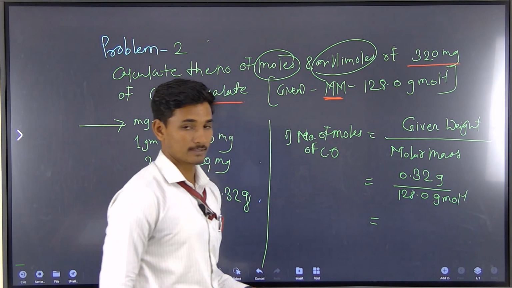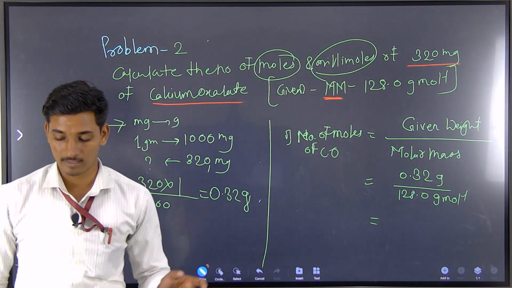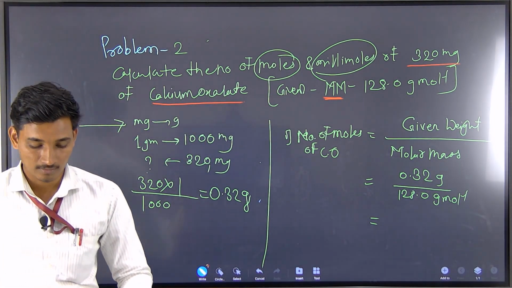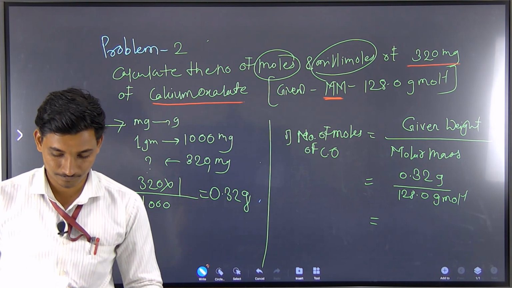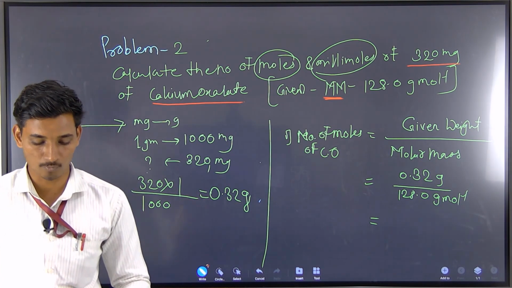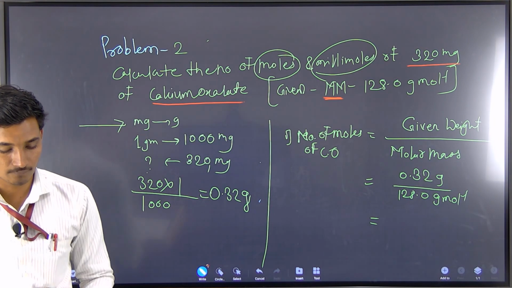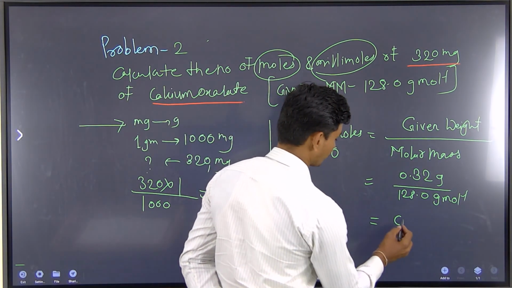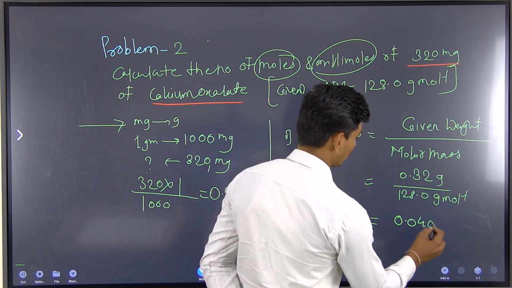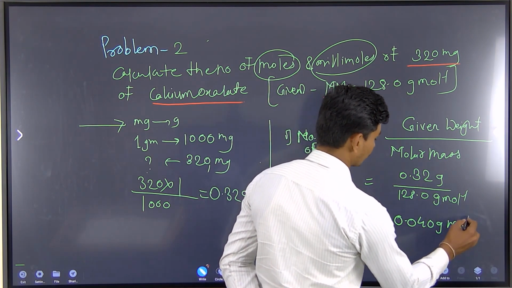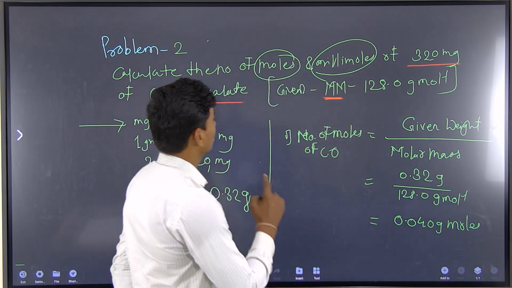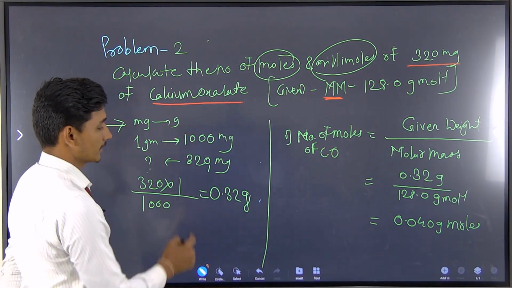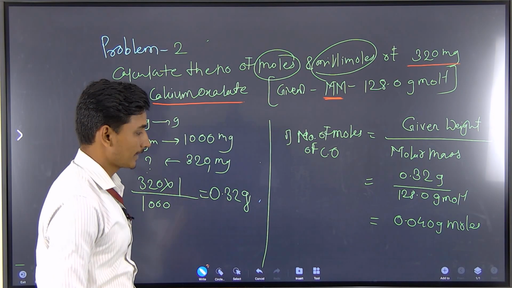Further calculating, we get the answer 0.0409 moles of calcium oxalate.